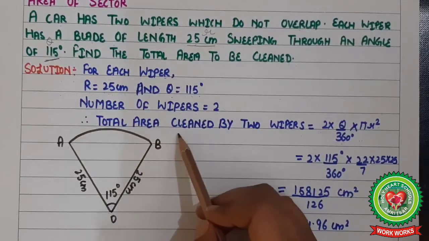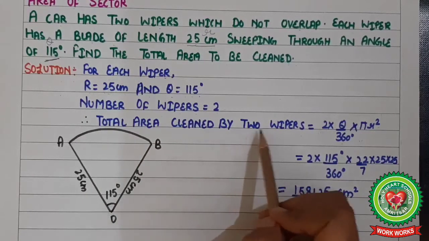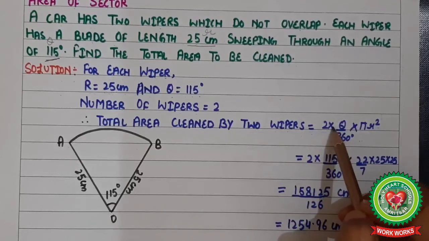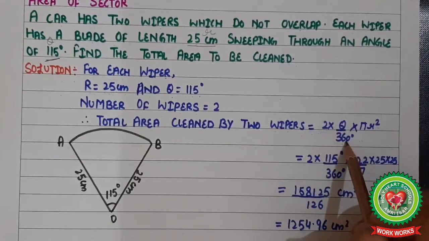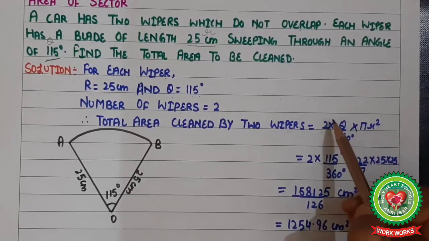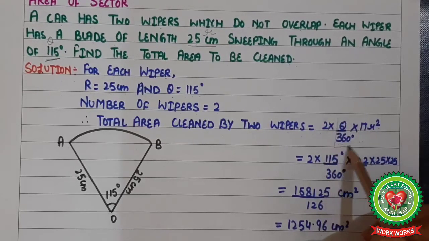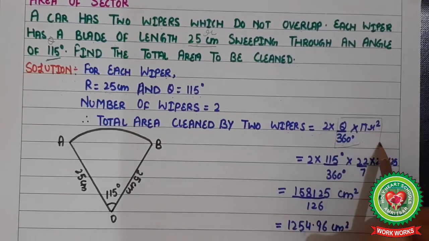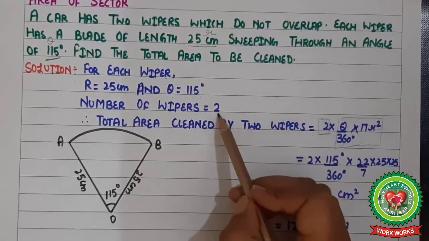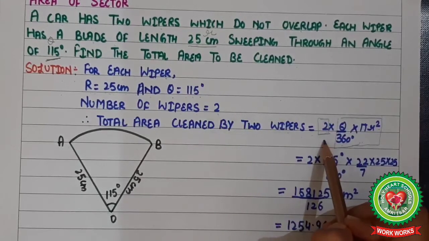Now therefore the area cleaned by 2 wipers is equal to 2 multiplied by theta upon 360 degree into pi r square. This is the formula of area of sector, and here I have multiplied with 2. Why? Because there are 2 wipers.